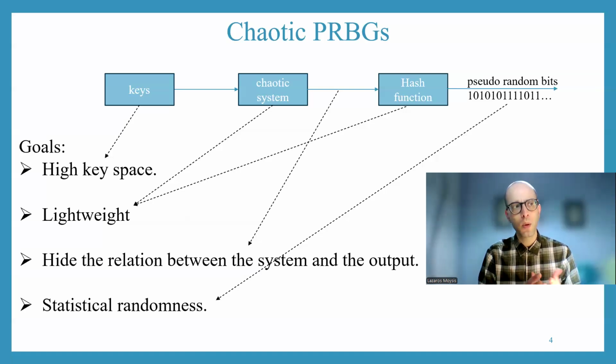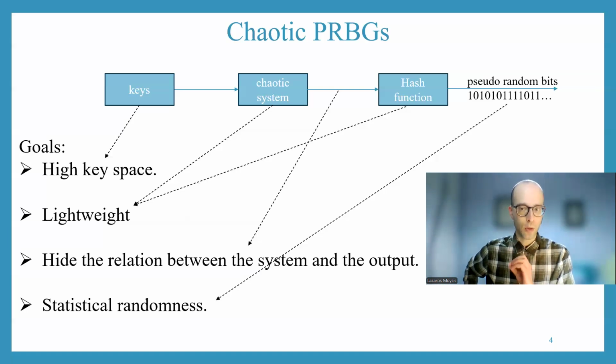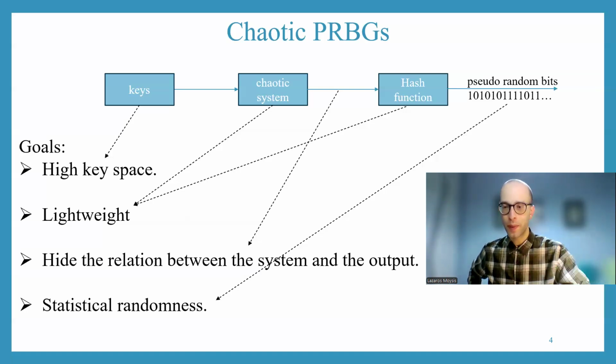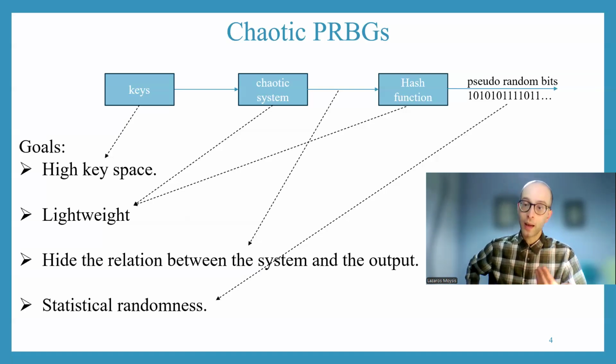By steal, maybe they are trying to observe a number of bits in the output, and by observing those bits, they may be trying to guess the actual underlying values of the map. So we need to define a hash function that blocks this relation, that is highly nonlinear and also non-invertible. So if someone observes the output of the PRBG, they cannot guess the underlying value of the chaotic map.